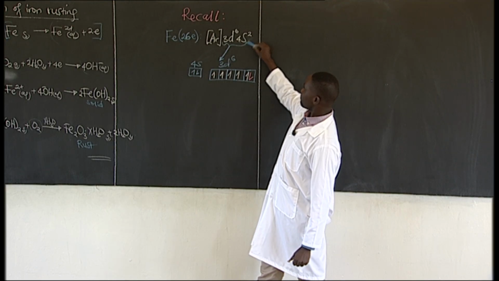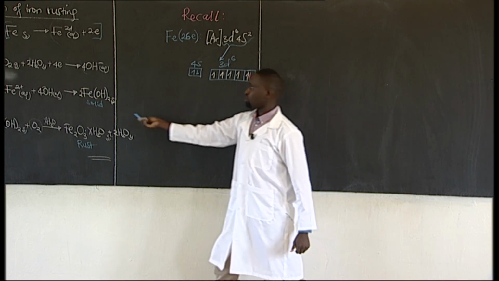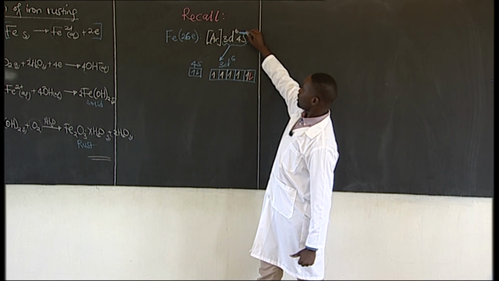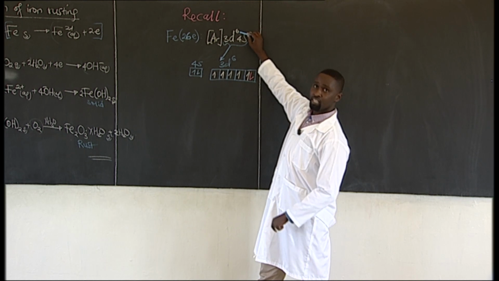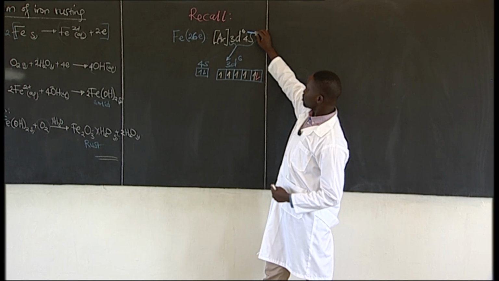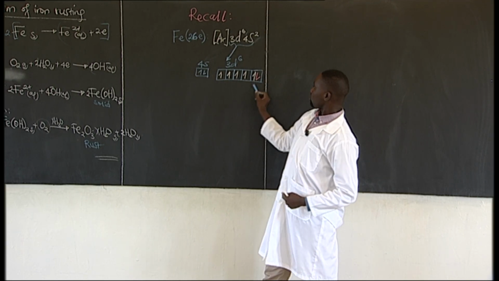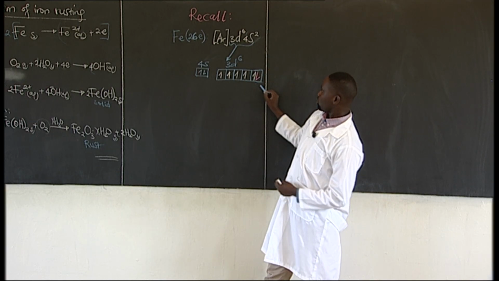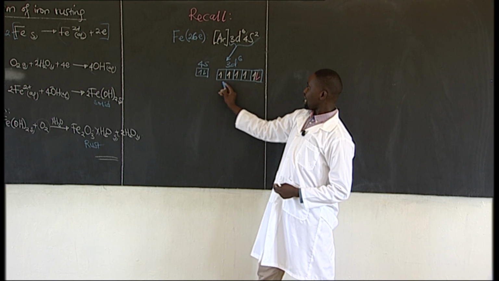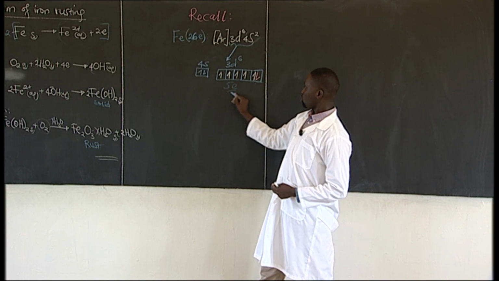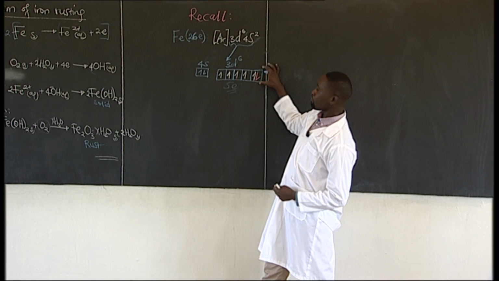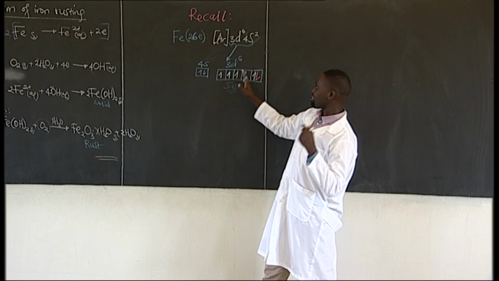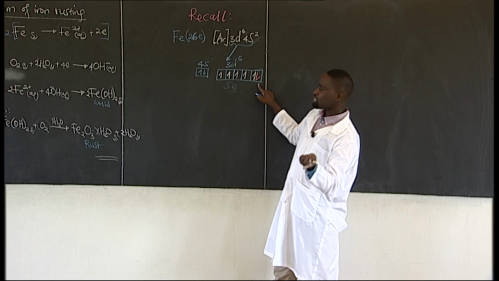When it loses the first 2 electrons to form iron 2 hydroxide, it is remaining with 6 electrons in its outermost shell, the 3d. So it easily loses this single electron since it is paired up, so that the 3d has 5 electrons, which is half the number of electrons that can occupy the d orbital. In that case, it becomes stable.